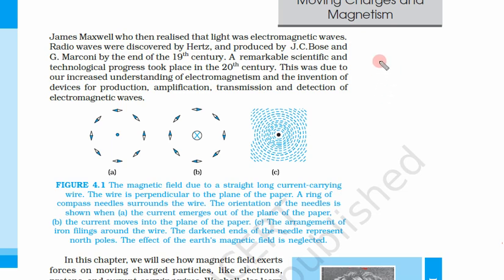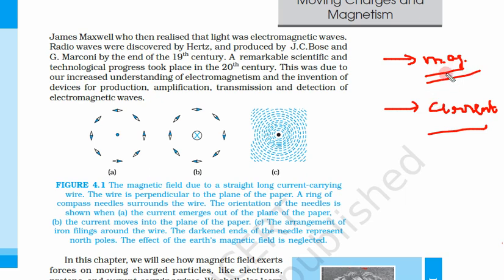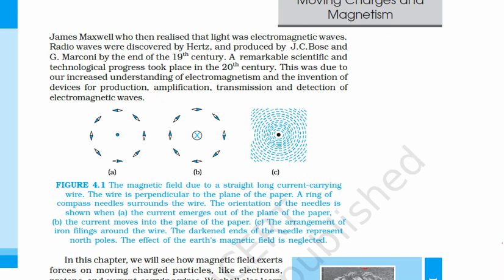You have to understand this once again. Moving charges produce magnetic field. So magnetic field is produced by moving charges or current. Similarly, change in magnetic field produces electrical current. So current is produced by change in magnetic field, and magnetic field is produced by a current or flowing charge carriers. Flowing charge carriers is also called current.